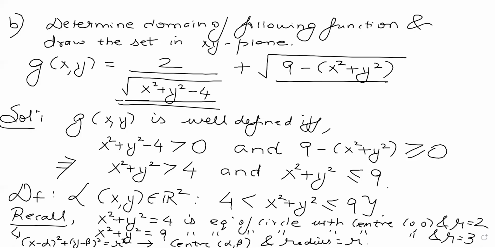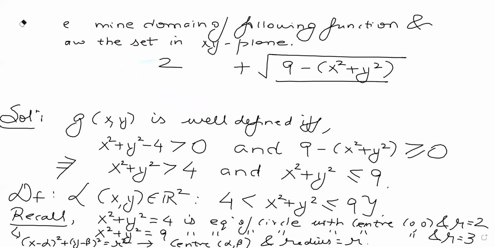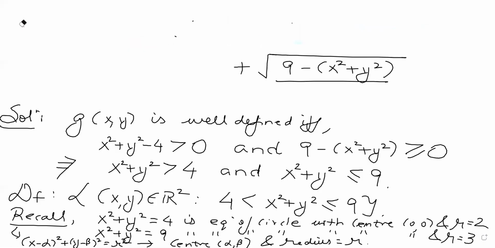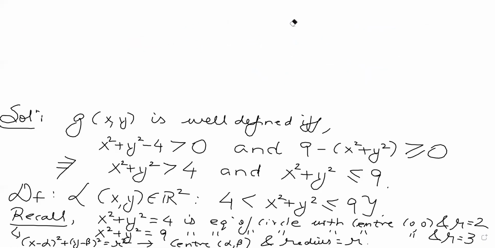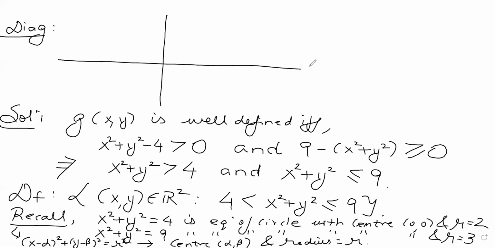So for this particular question, if I plot the diagram, for which I am erasing the initial part of the screen, how will the diagram look like? So erasing all this off, because we also have to draw the diagram as per the question. So we have the x and the y axis.